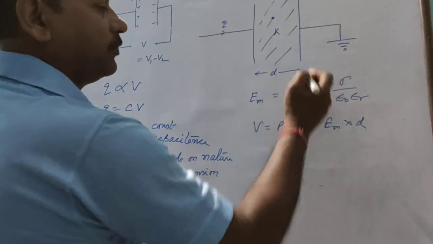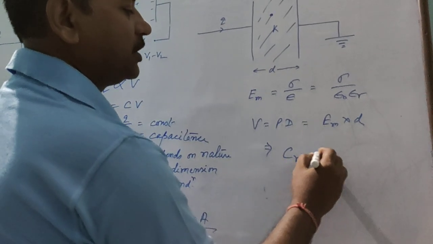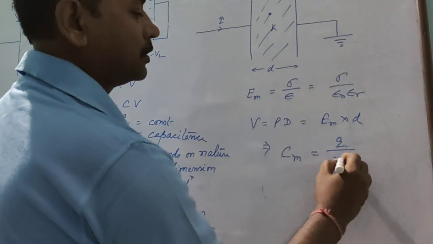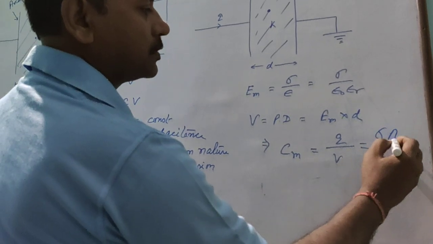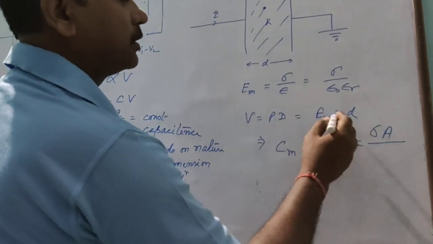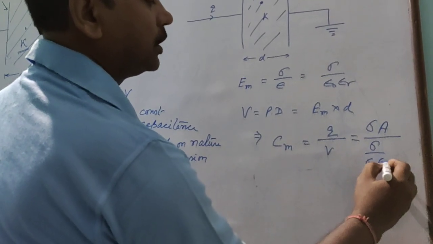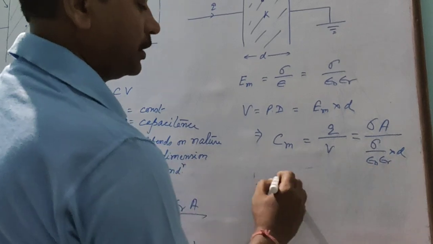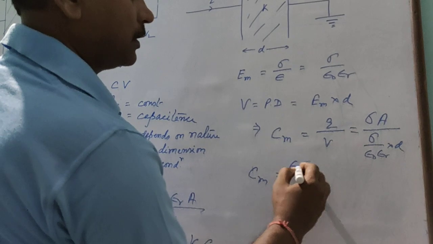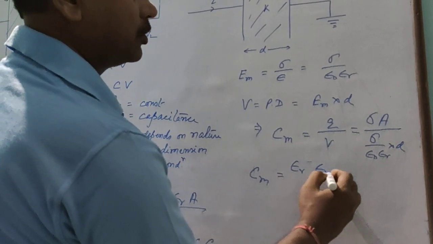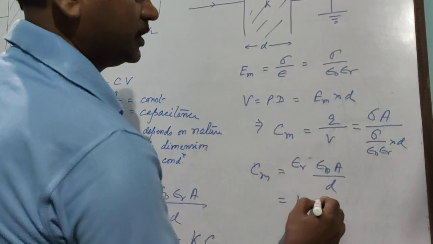The separation is totally filled with the medium, so you can go for capacitance in medium. Again, the surface charge density is sigma, so sigma into A, and V becomes Em into D. Em is equal to sigma by epsilon naught into epsilon R, into D, which means this comes out to be epsilon R into epsilon naught A by D, which is K into C naught.